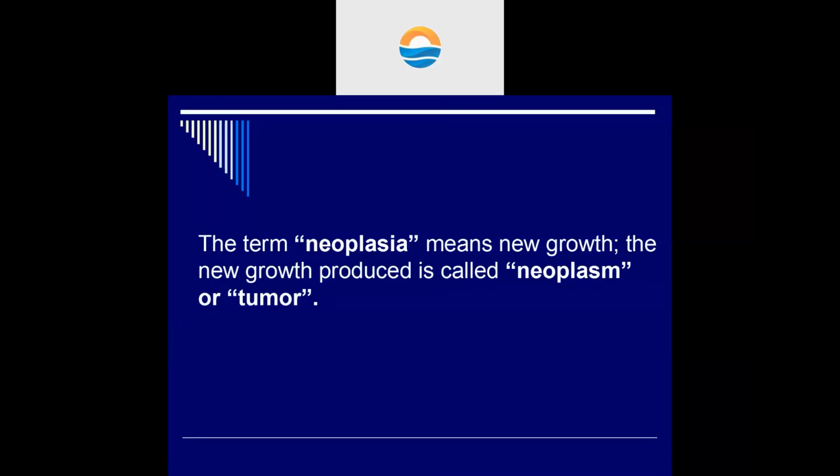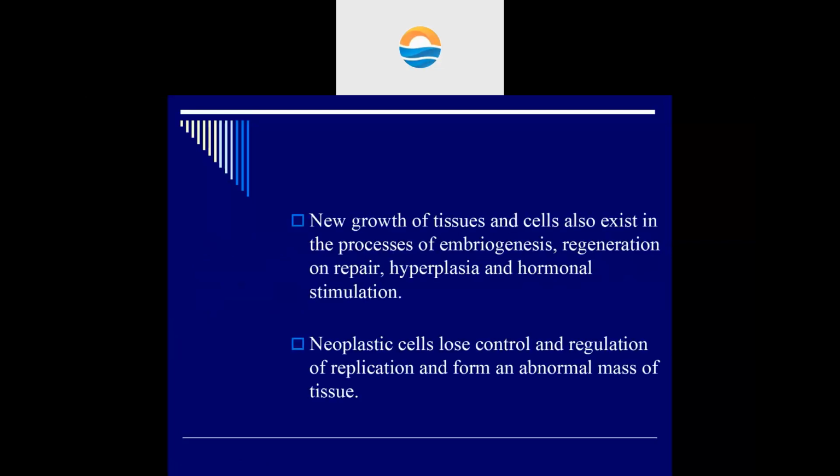What is neoplasia? Neoplasia means new growth. The new growth produced is called neoplasm or tumor. New growth of tissues and cells also exists in processes of embryogenesis, regeneration, repair, hyperplasia, and hormonal stimulation. But with neoplastic cells, it is quite different.